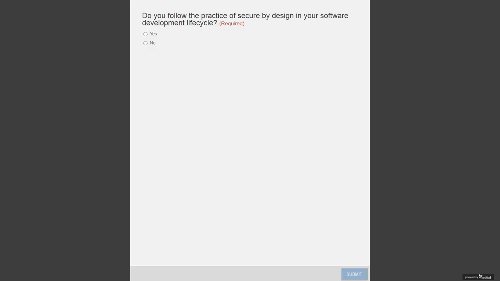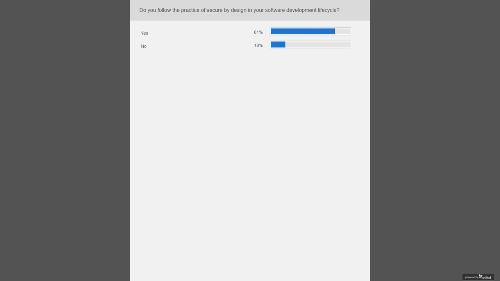I see a lot of you already responded, so let me show you the results. We see 81% already started following secure by design. So as a principle in software development, that's a good state for us, that every organization is putting effort towards adopting this principle.